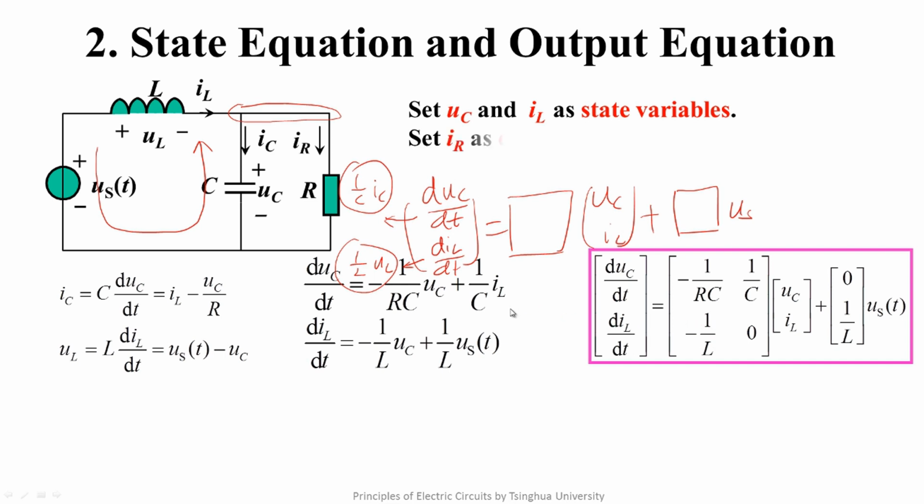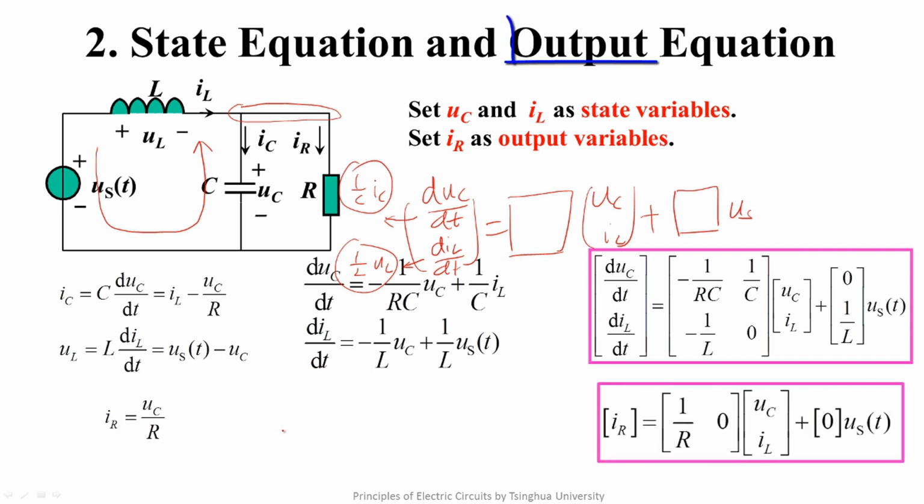For example, in the problem, we can set IR as the output variable. It is very easy for this circuit because C and R are in parallel. So it's easy to write that IR equals UC over R, which completes the entire output equation. Similarly, we can also write it in matrix form. It's like this. It is called the matrix form of the output equation.